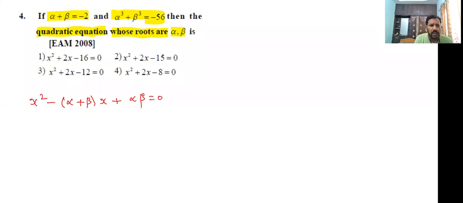This is the formula. But see the question, alpha plus beta is equal to minus 2 is given. Now we need alpha beta. This value we don't know. And another condition given, that is alpha cube plus beta cube is equal to minus 56.